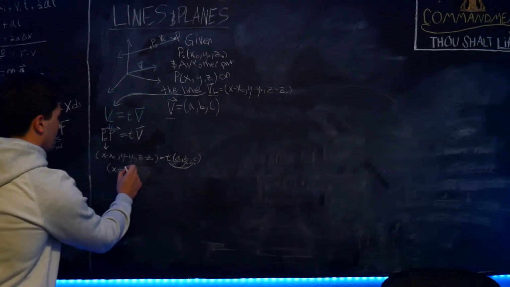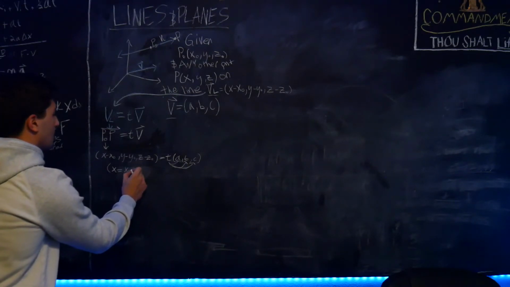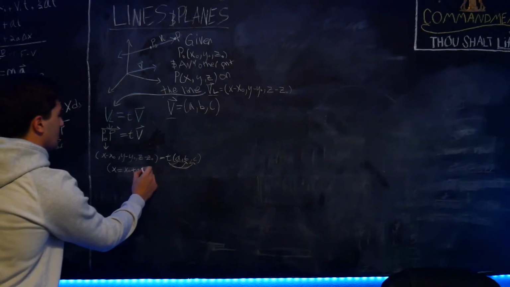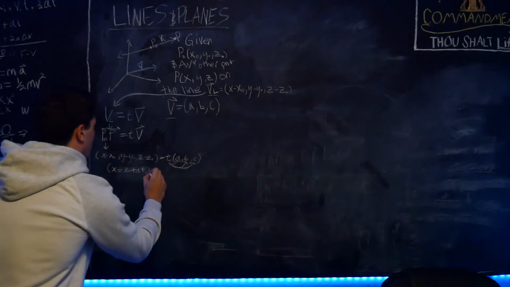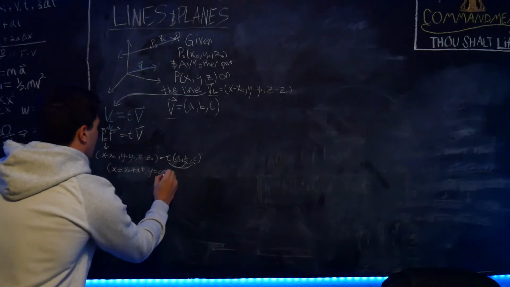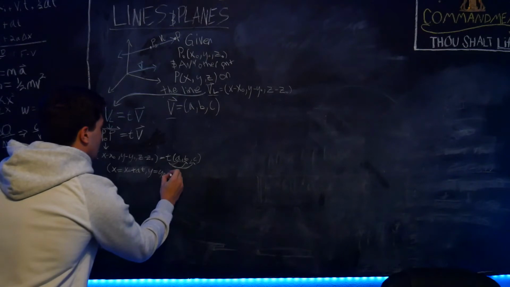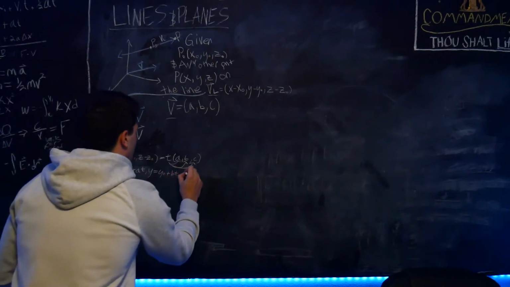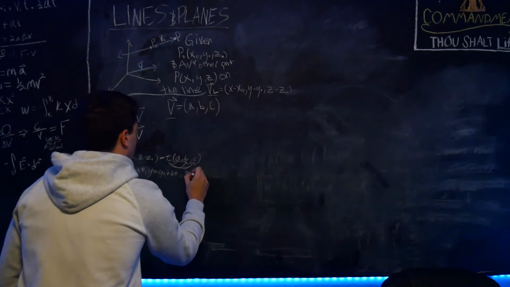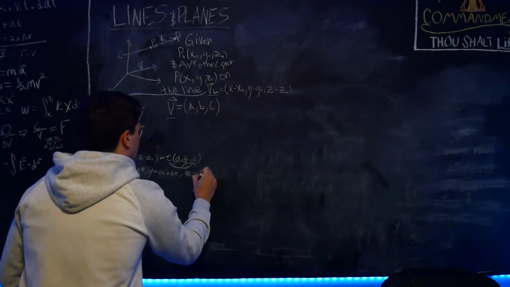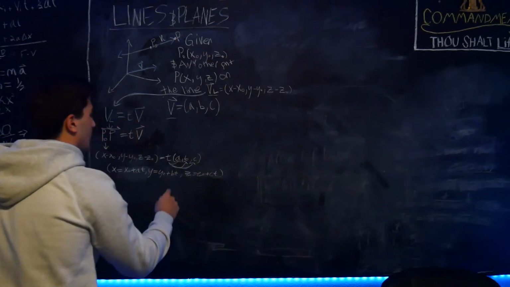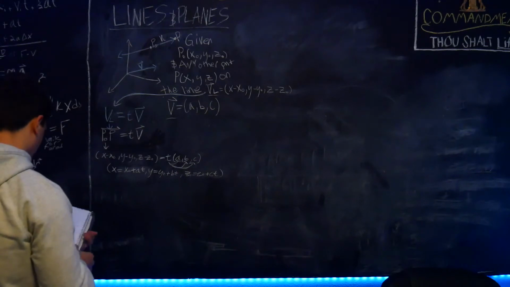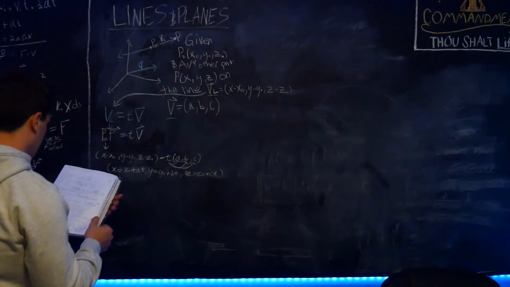So it's going to be x sub 0 plus a t. Now I'm going to write out the whole thing. You do it too. Y equals y sub 0 plus b t, right? Z equals z sub 0 plus c t, right? I know that looks messy, but I said it out loud, so don't complain too much.